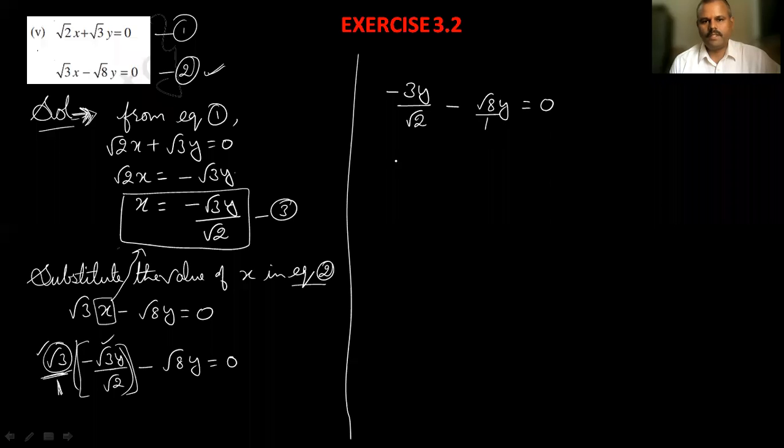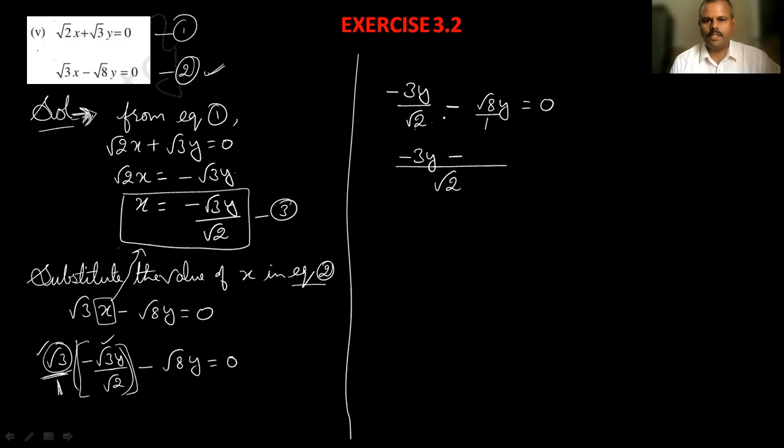You are going to take the LCM here. Your LCM is under root 2. Then cross multiply, so minus 3y multiplied by 1 gives you minus 3y. Then this minus under root 2 multiplied by under root 8y.